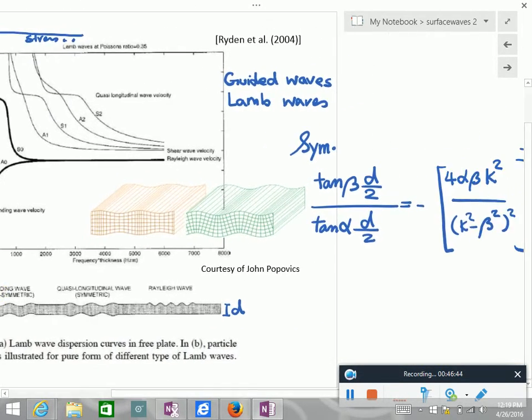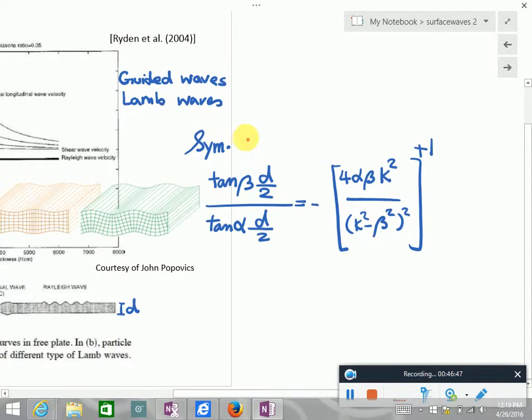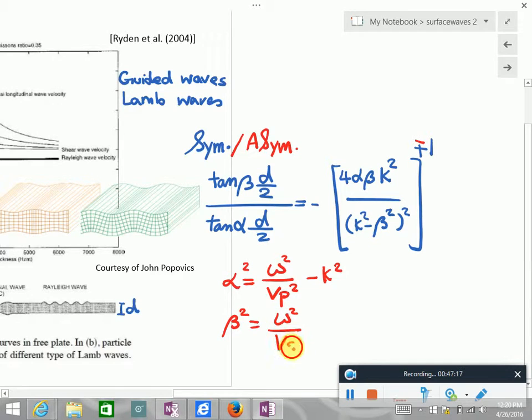This is for the symmetric mode. For the anti-symmetric mode, this becomes negative. And alpha and beta I have to define. Alpha squared is omega squared over Vp squared minus K squared. Beta squared is omega squared over Vs squared minus K squared.